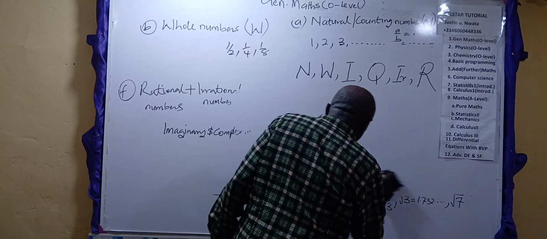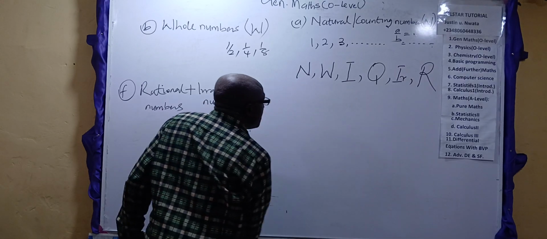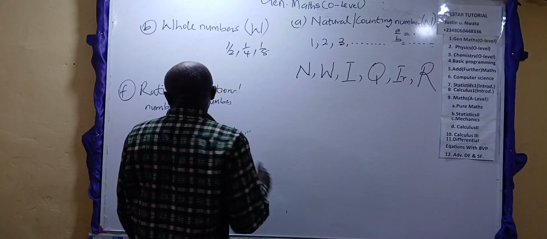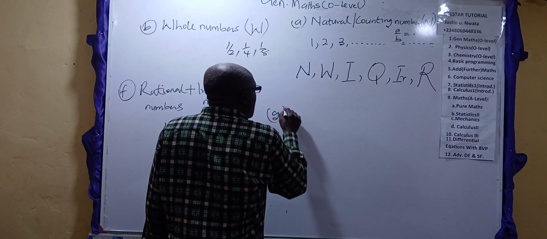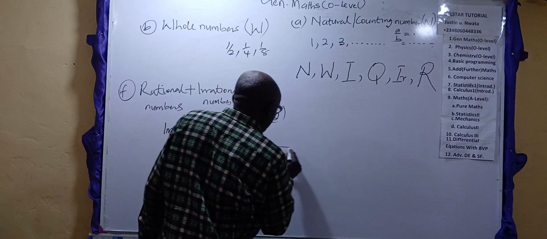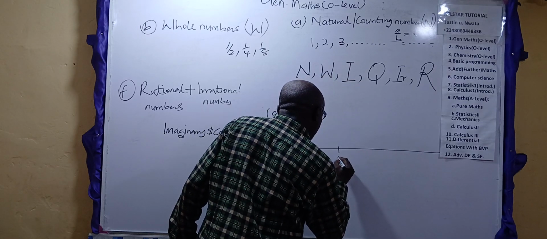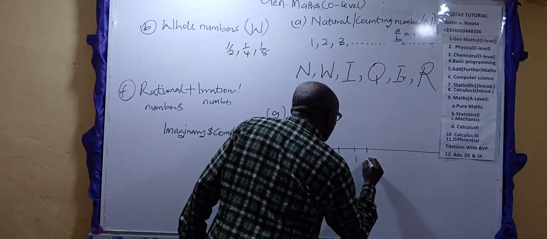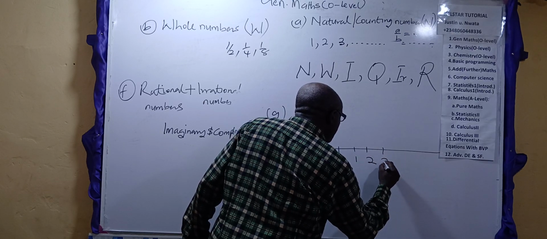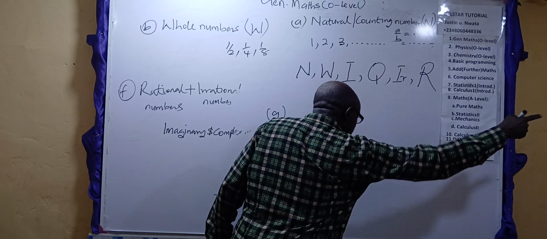Now for a better understanding of these real numbers, let us view them pictorially. Human beings discovered that these real numbers can be represented on a number line. Here is 0, the center. Towards the right, positive numbers: 1, 2, 3, non-stop. This arrow means it does not end, forever and ever.